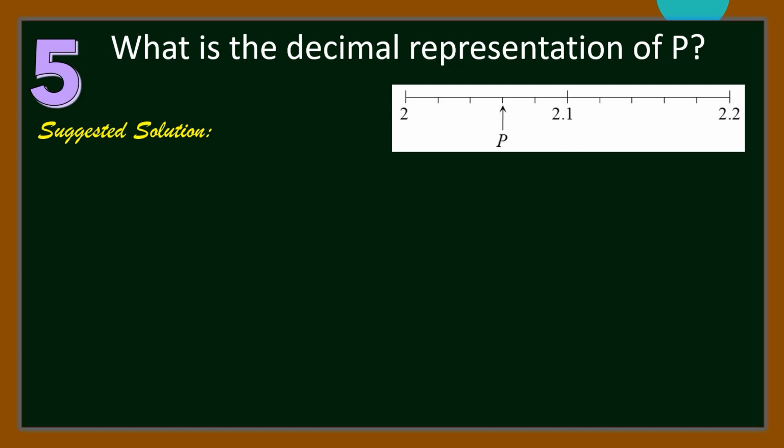Hence, this must be equal to 2.02, 2.04, 2.06, 2.08, and 2.10 or 2.1. Hence, the value of P or the decimal representation of P is equal to 2.06.